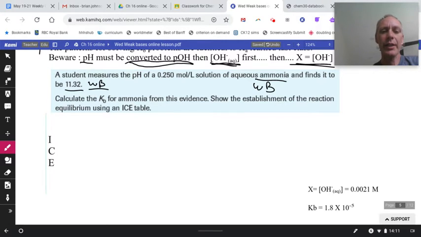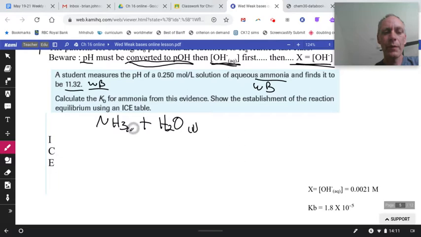To calculate Kb for ammonia, let's show its reaction first. It is a weak base in a solution of aqueous ammonia, so it's just sitting in water. As a weak base, Bronsted-Lowry says that it will accept a proton, so water is our weak acid. Because it's a weak base in water, it's stuck in weak equilibrium, less than 50%.